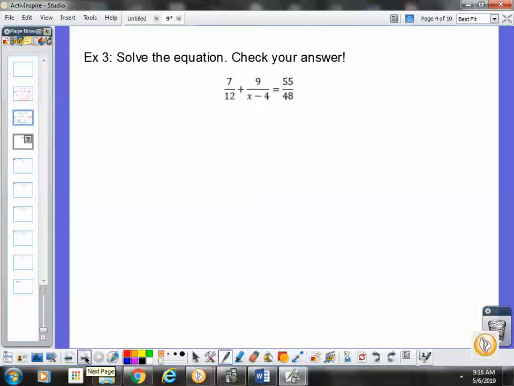How about this one? 7/12 plus 9 divided by x minus 4 equals 55/48.